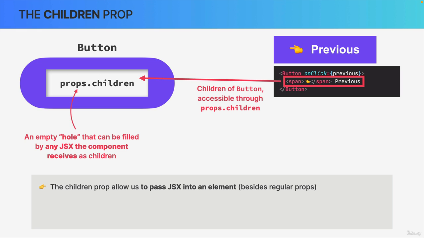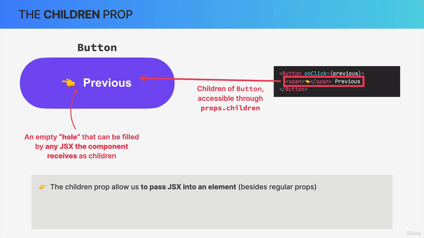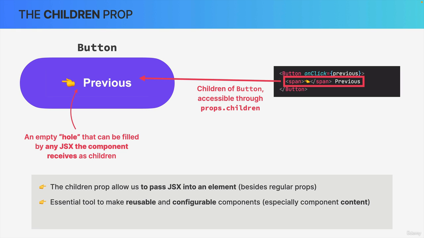So by passing in content between the opening and the closing tag of an element, we basically fill the hole that we left in the component by using props.children in the JSX of that button component. So if we think about this, the children prop is really an ideal way of making reusable and configurable components, especially when it comes to the content of the component.